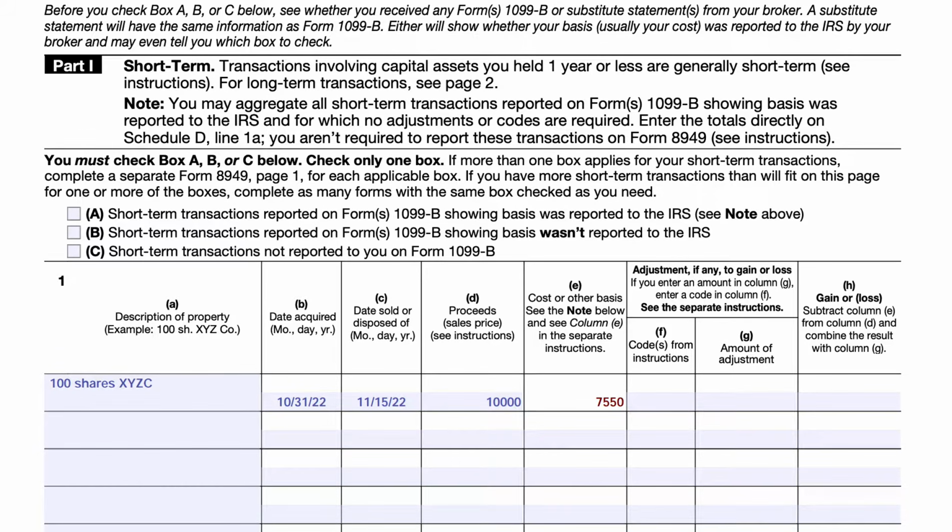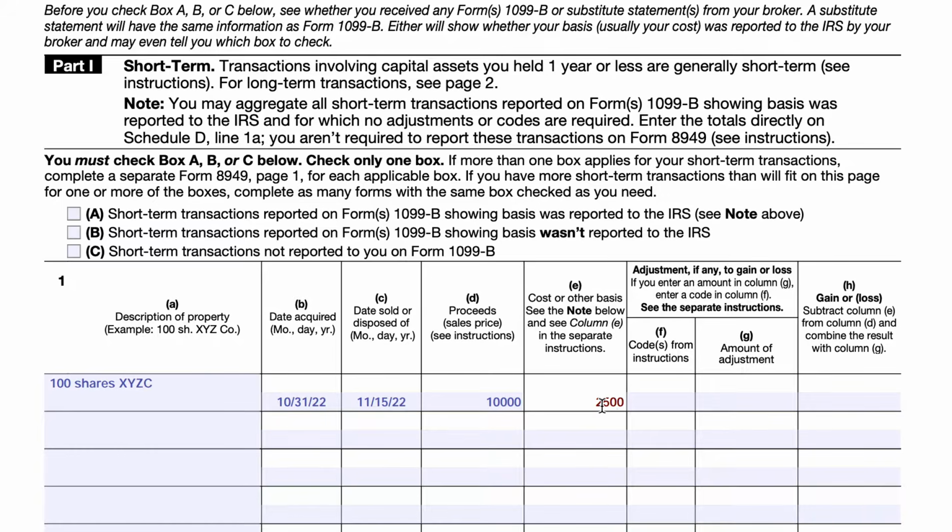So if your father was still alive or your mother was still alive and gave you 100 shares of this stock, but they bought it a few years ago for $25 each, then your basis would be $25. Your proceeds would be $10,000.